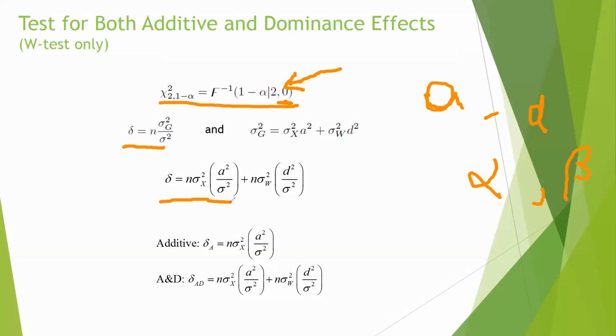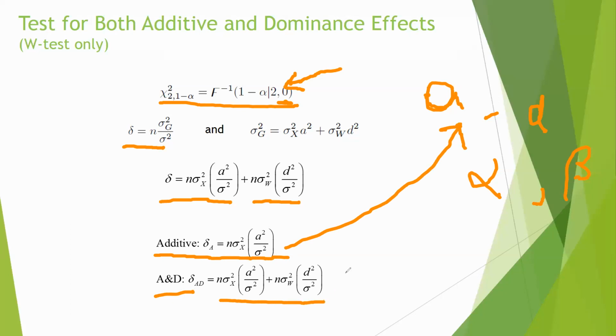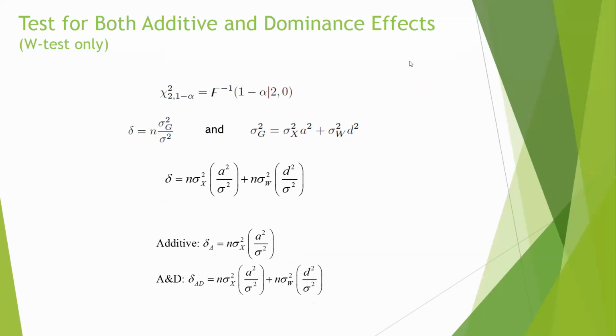So this is how we calculate the non-centrality parameter for testing one genetic effect only. This is for the additive, or we can test both effects, the additive and the dominance, by adding these two non-centrality parameters together. All right, this is just for information.